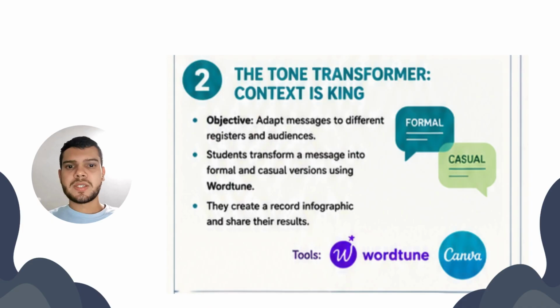To do this, students will use AI-assisted rewriting tools to transform the same message into formal and informal versions. To carry out this activity, digital tools such as Wordtune, Canva, and Genially will be needed along with pedagogical strategies such as task-based learning.